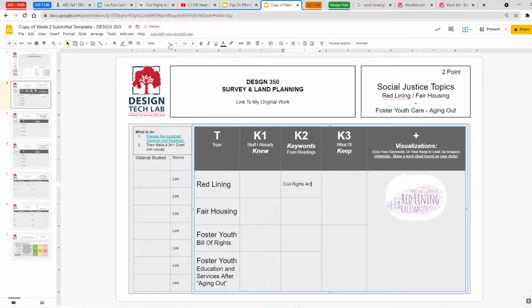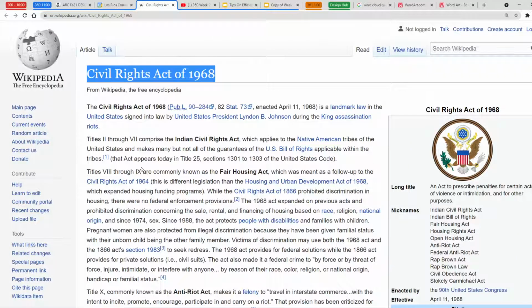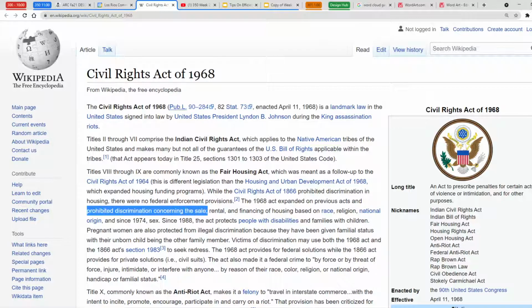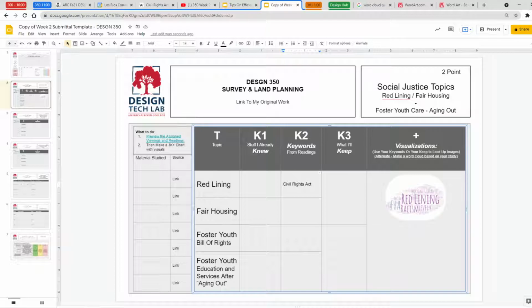So that's a really good one to know. Here's another, and this isn't really a keyword, it's a phrase.